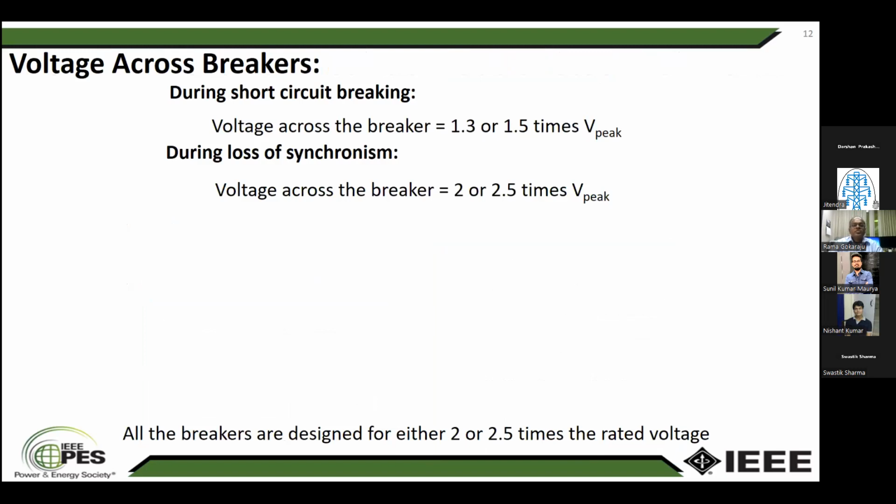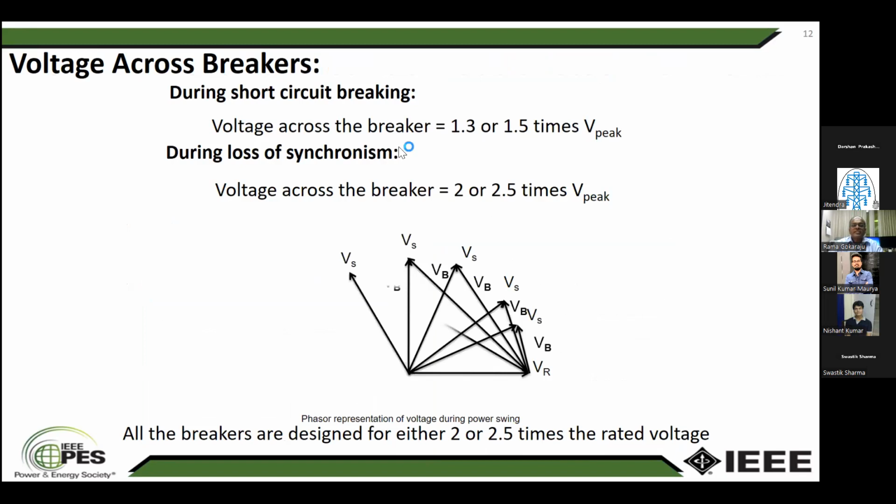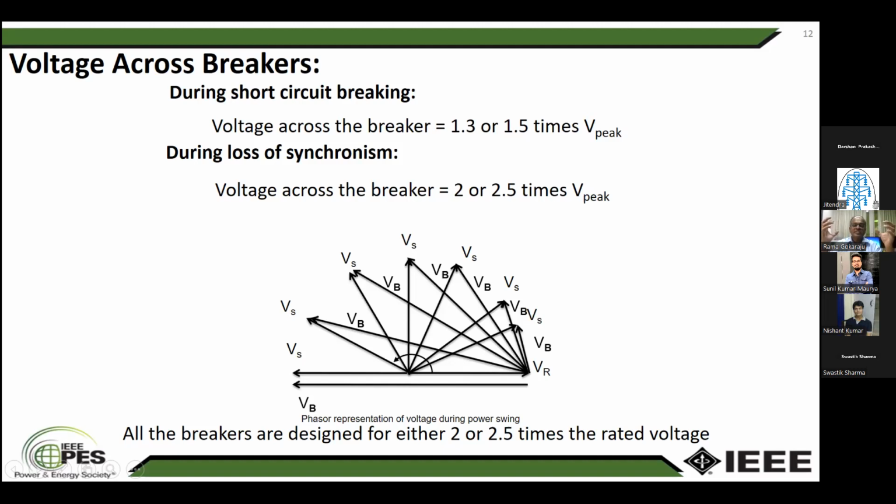So here I'm showing the voltage across breakers. For a short circuit breaking, it is 1.3 to 1.5 times the peak value. For loss of synchronism, you see it is 180 degrees separation, because of that two-machine equivalent system representation that I was doing.